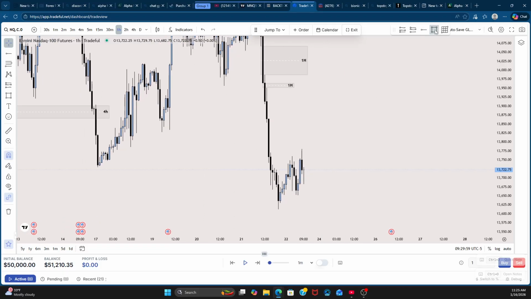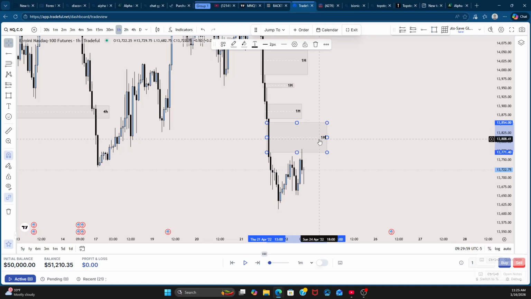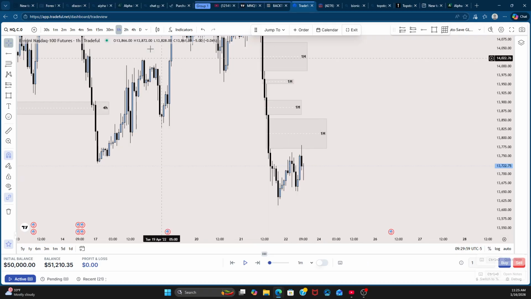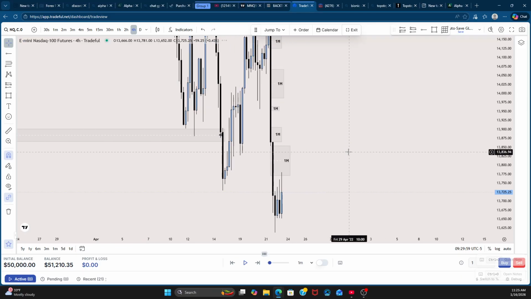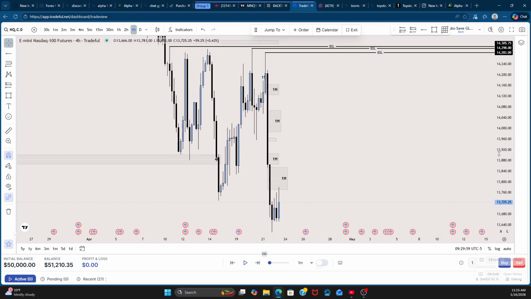We have so much imbalanced price resting above. I never looked at the daily for that day either. Maybe we came into a daily gap and that's why we wanted to come lower. So we're playing into this 1 hour, which got inversed. Took a while. We have a big 4 hour gap resting up above here.